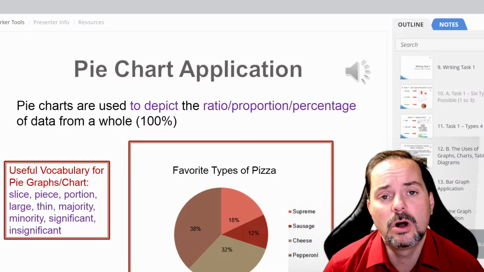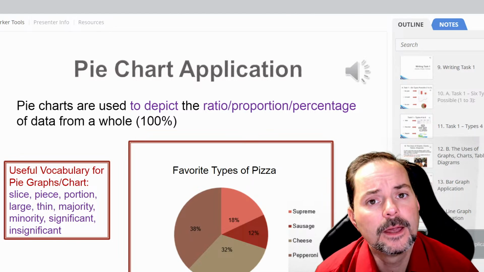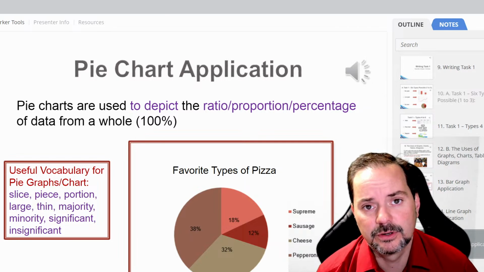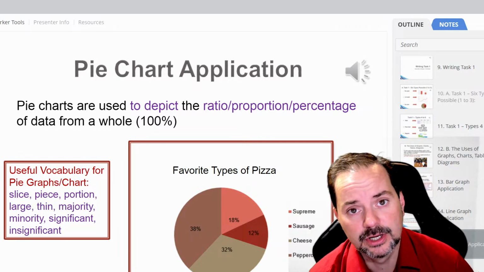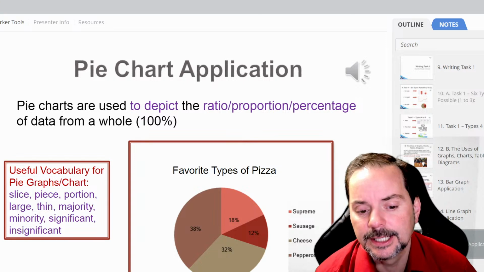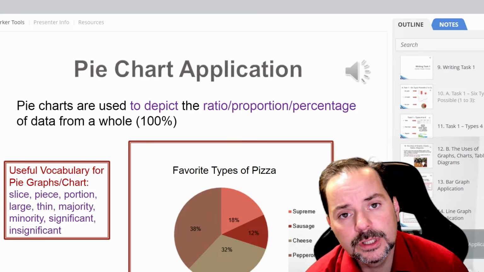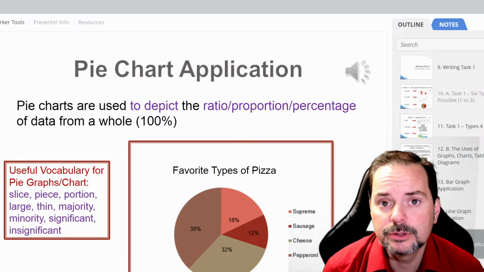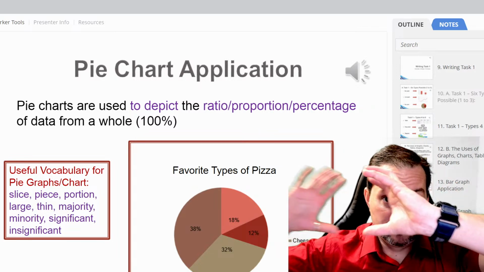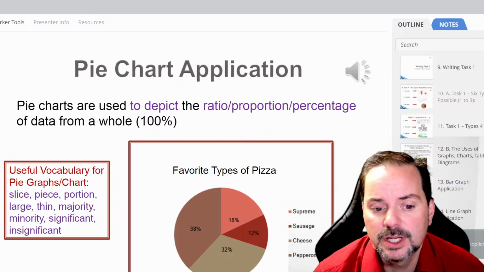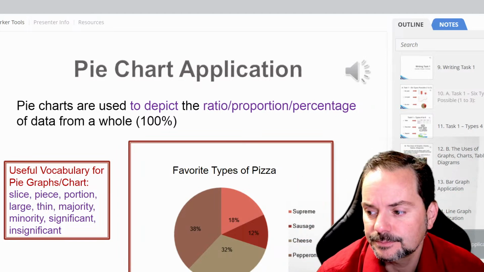One of the most common mistakes that people make in the IELTS is they write about all the graphs as if they're looking at a line graph, like gradually increasing or rapidly decreasing. They're not the same. Line graphs show continuity. Pie charts don't. Pie charts just look at like the year. They don't show all the years or time in between. Okay, so be really careful about that.